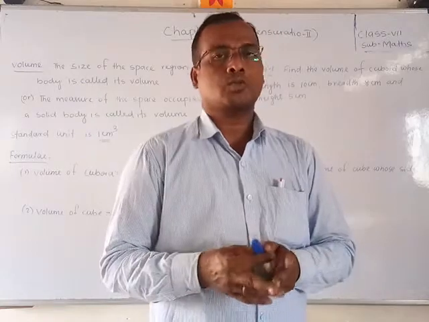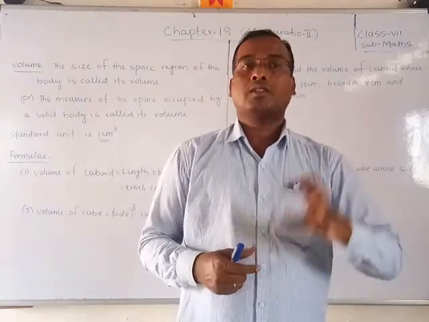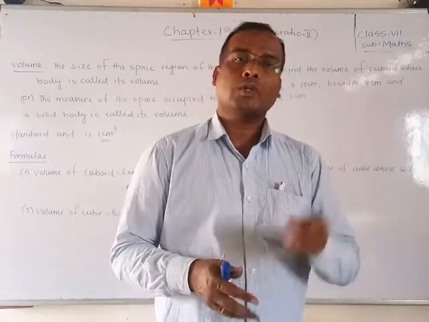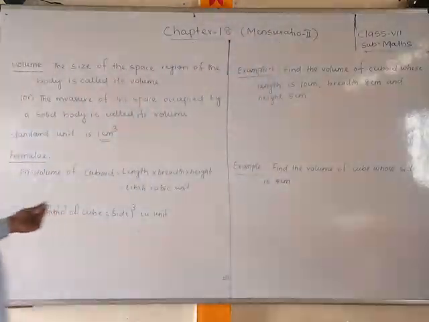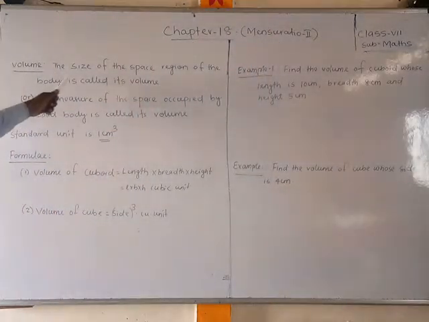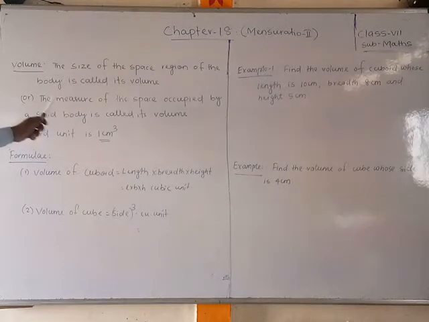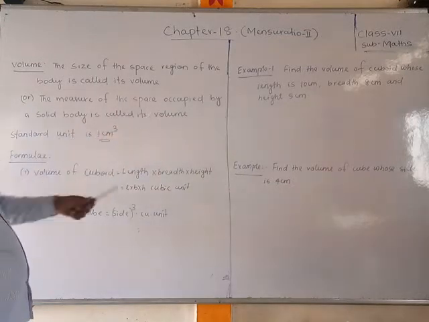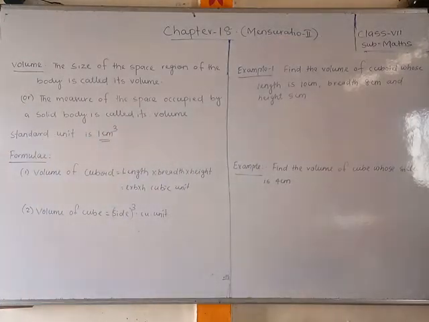Let us discuss in this video how we can find the volume of the cuboid and the volume of a cube. Now, students, I have written that the size of the space region of the body is called its volume. The second definition: the measure of the space occupied by a solid body is called its volume. And the standard unit is cm cube.